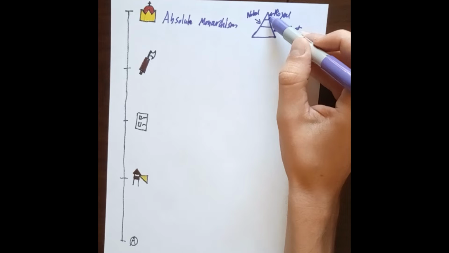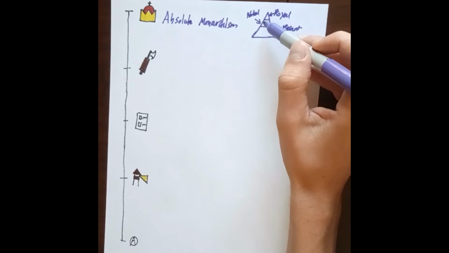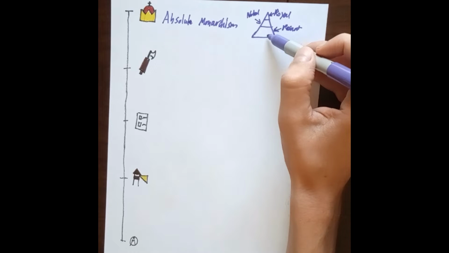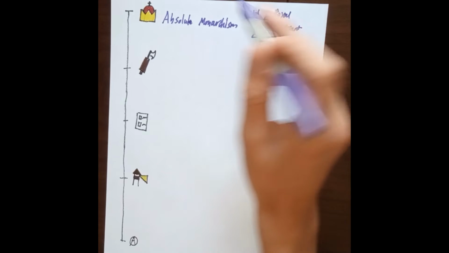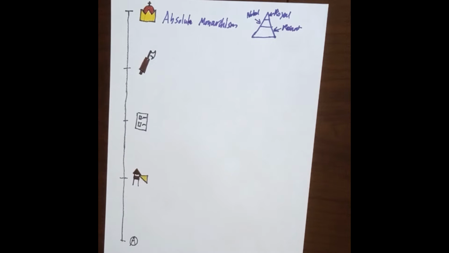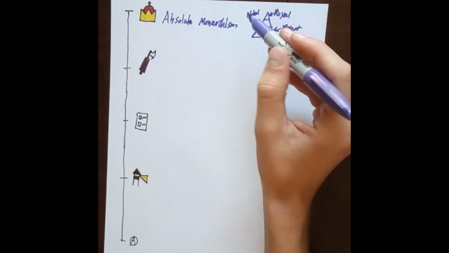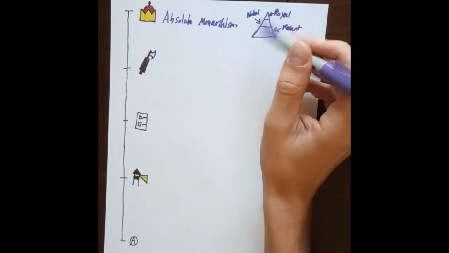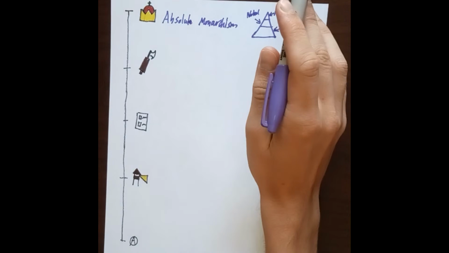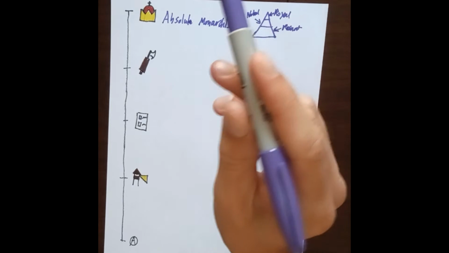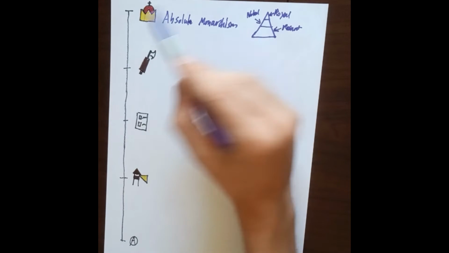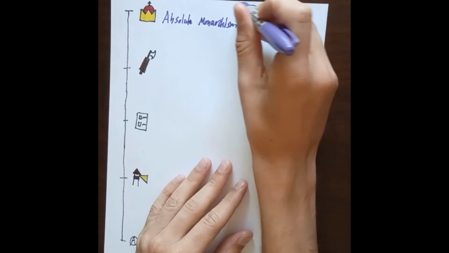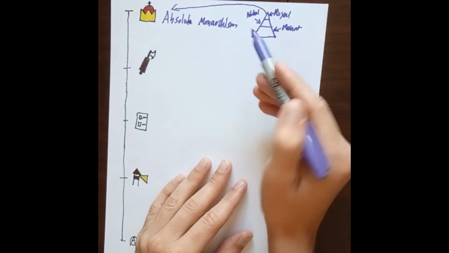The royal class has absolute power over the noble class, and the noble class has absolute power over the peasant class. All right? So, basically, think of it this way. One ruler or one group of rulers has absolute power over the entire country. Basically, going back to the crown.